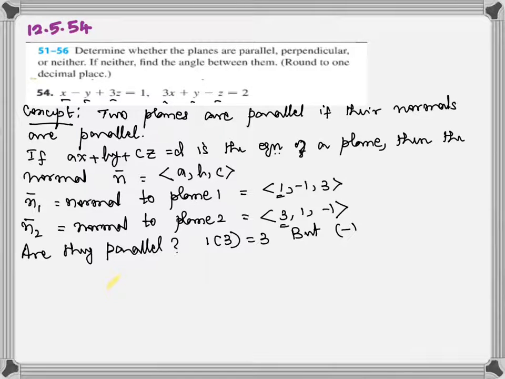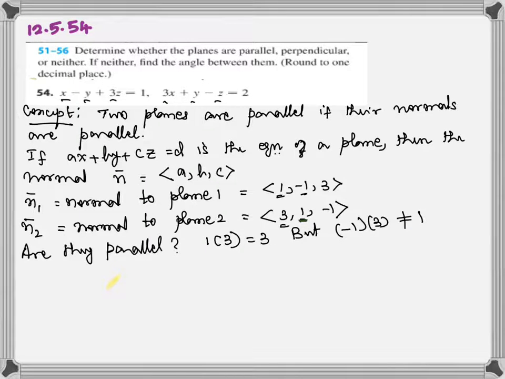But if you look at the -1 and 1, 1 is not -1 times 3. So -1 times 3 is not equal to 1. That means they don't maintain the same factor, so it's not the same scalar multiple of the other. The components are not scalar multiples.